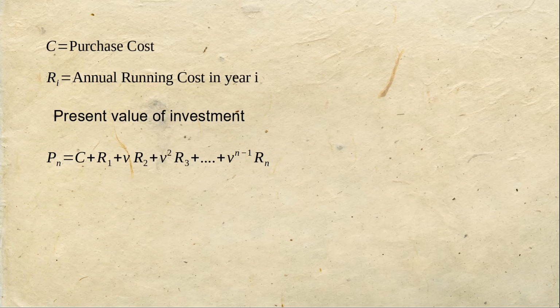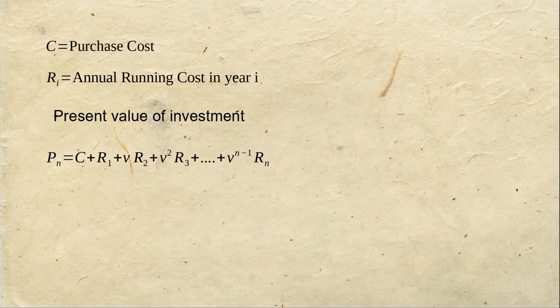Supposing now in this last example, let's elaborate a bit. Pn is going to be the present worth, or the present money today I should have in case I'm going to buy a machine which is at cost C and which is going to have a cost of R1 as the annual running cost in year 1. R2 is the annual running cost in year 2.